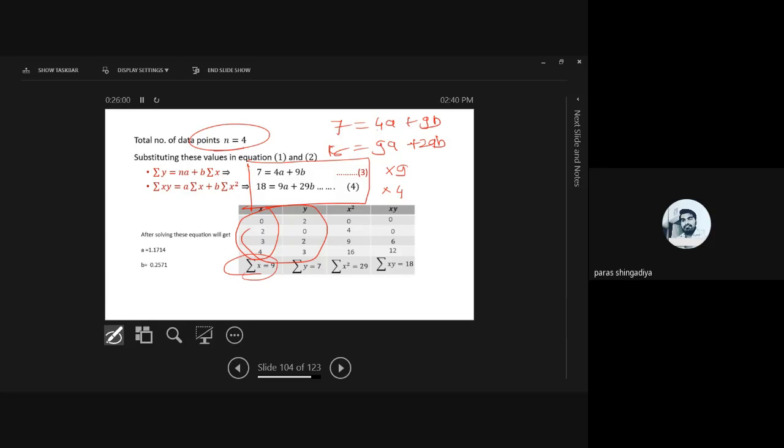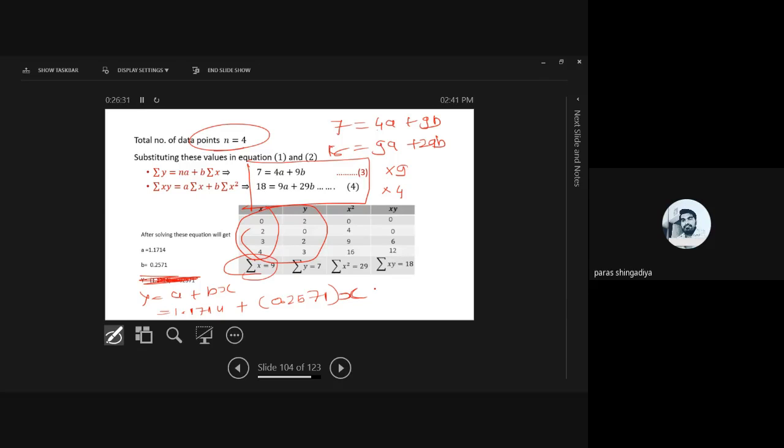Okay, so example 1 answer is a is 1.17 and b is 0.2571. Now after we replace both values, we have the equation y is equal to a plus bx. What is the a? 1.1714 plus b, that is 0.2571, that is the b into x.